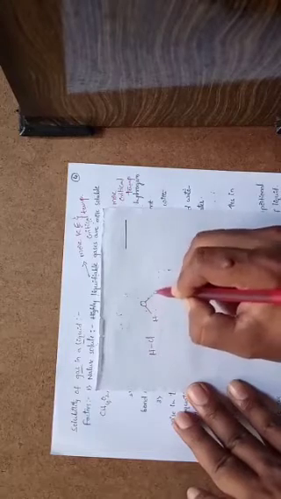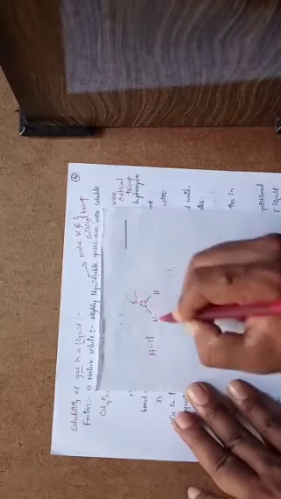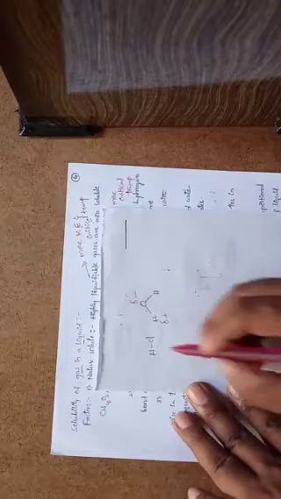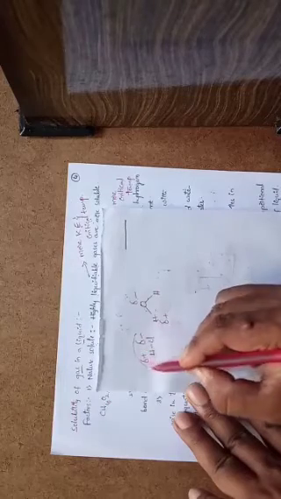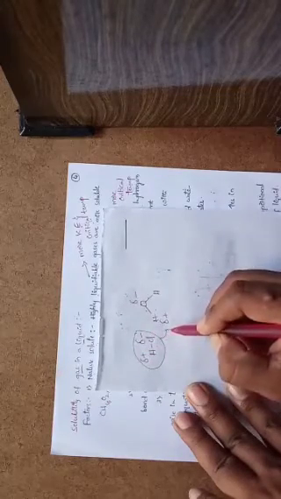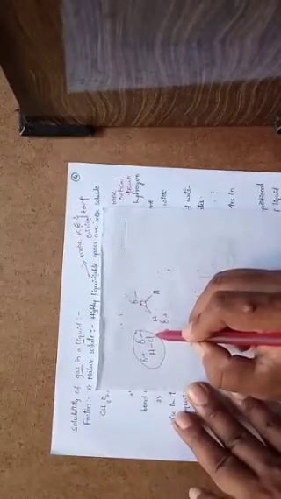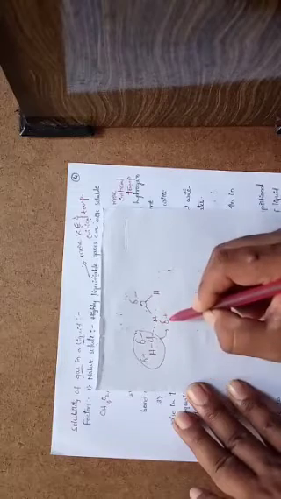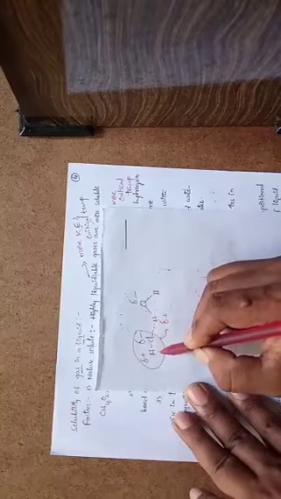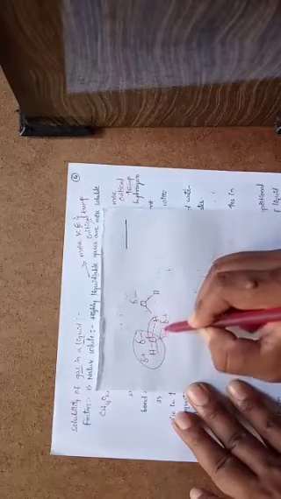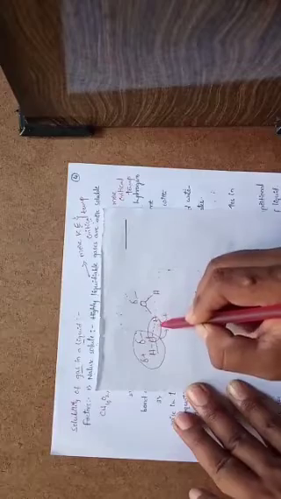In water, oxygen is partially negative and hydrogen is partially positive. When we add HCl gas to water, the partially negative chlorine can form a hydrogen bond with the partially positive hydrogen of water. So whatever gas molecules can form hydrogen bonds with water, all those gases are soluble in liquid.